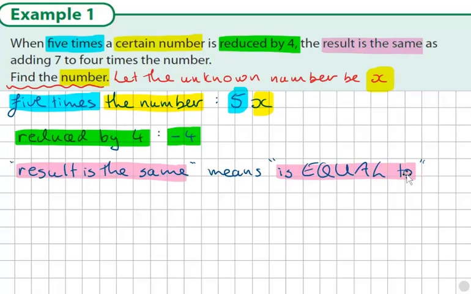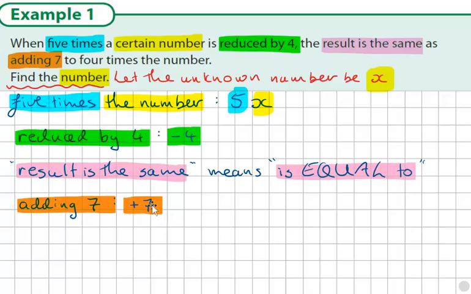When we write out an equation for this, we're going to use an equal sign here. The next part of our sentence says adding 7. So adding 7 can be rewritten as plus 7.